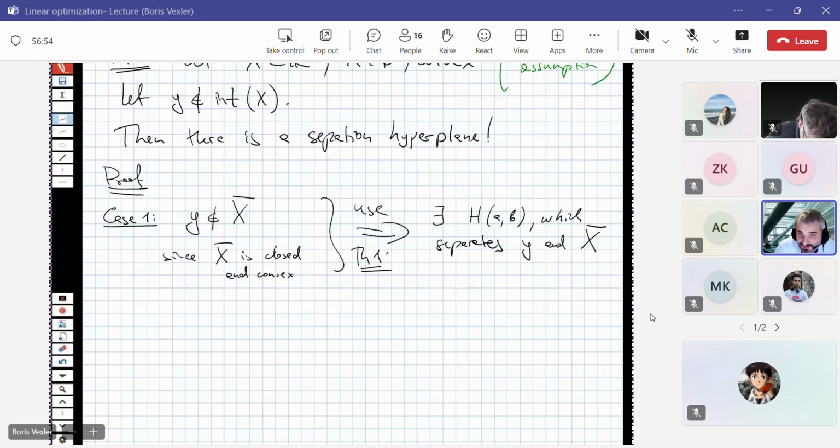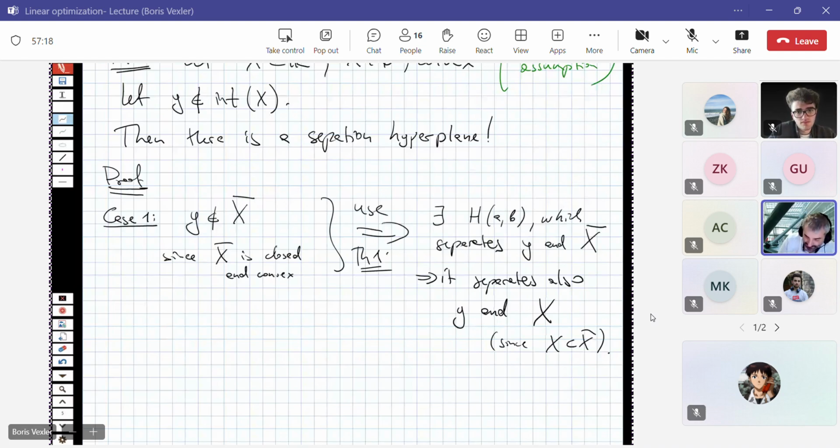And of course, therefore, it separates also Y and X, since X is a subset of X bar. And therefore, in this case, we are done. Okay? Please, again, if you do not understand the logic somewhere or some argument or something like that, please interrupt me and ask. Okay?